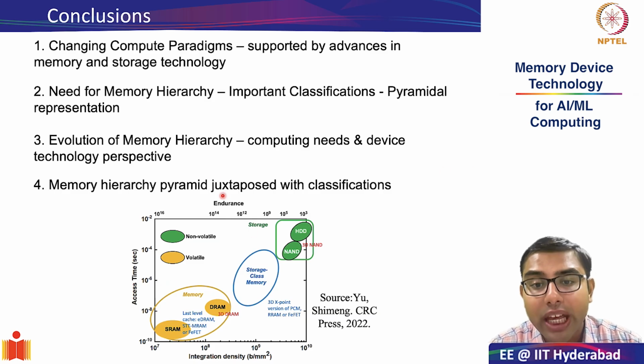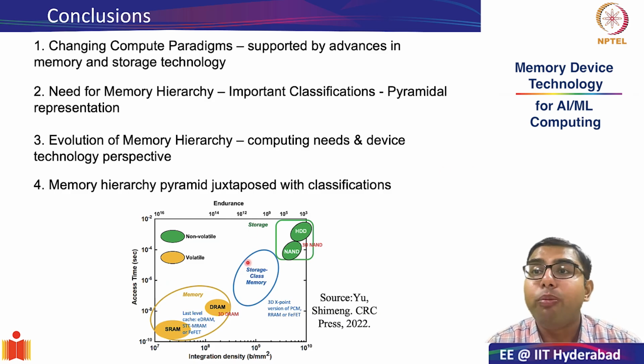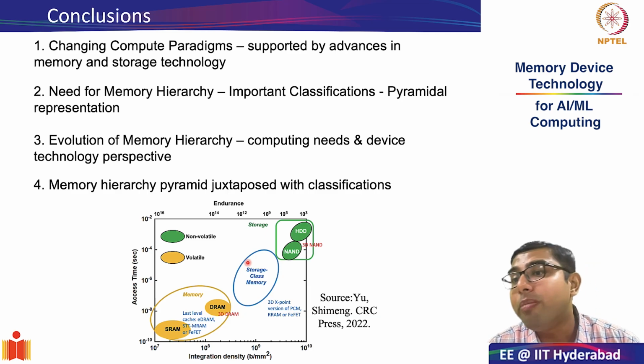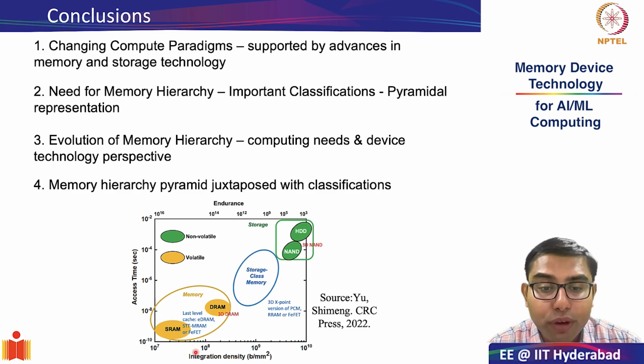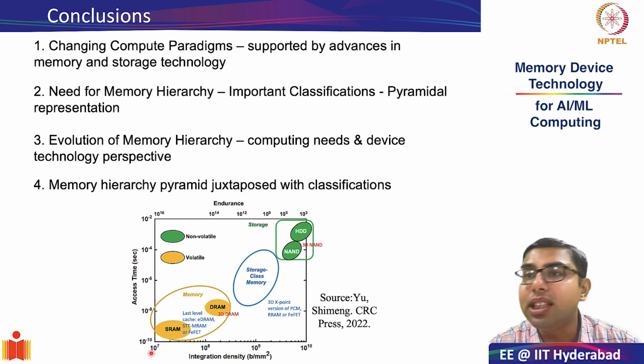This is a particular image which I am very fond of and pretty much encapsulates the need for memory hierarchy, and we would like to stop with this image. If you see the x and y axis, both are in log scale.